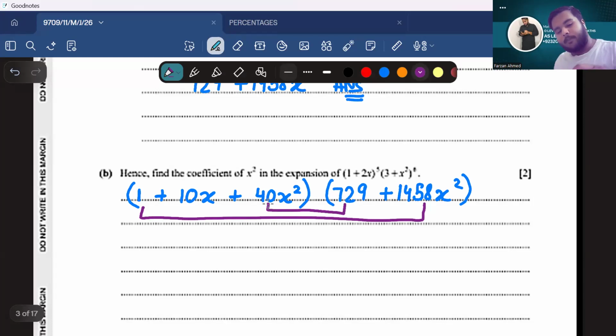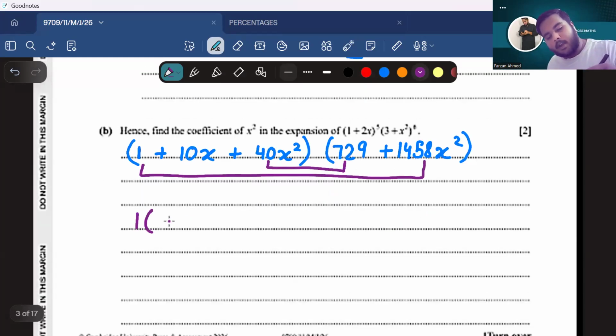So 1 times 1458 x square, plus 40x square into 729.